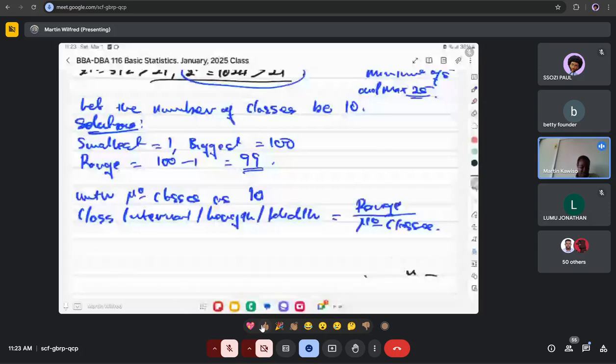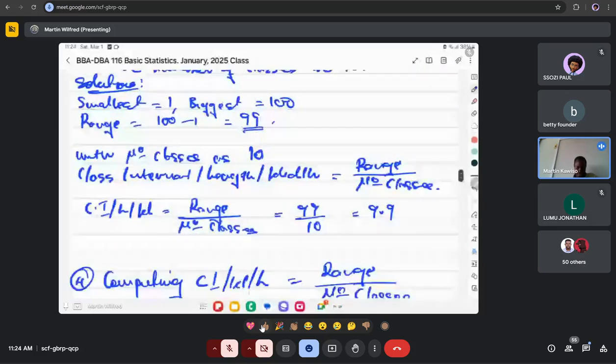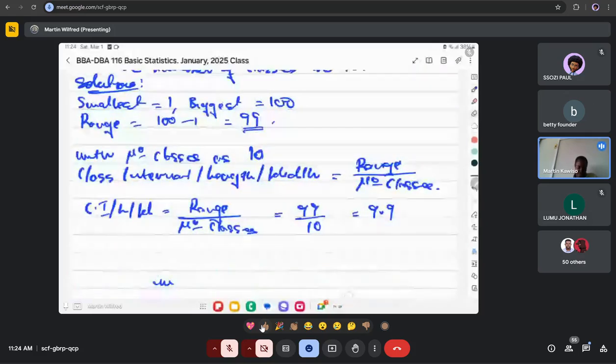Of classes, such that our class interval is going to be our range value divided by number of classes, so that we have 99 divided by 10, giving us 9.9. Now, when we are taking number of classes, we take the absolute value. We take the absolute value. So our class interval is actually going to be 10.